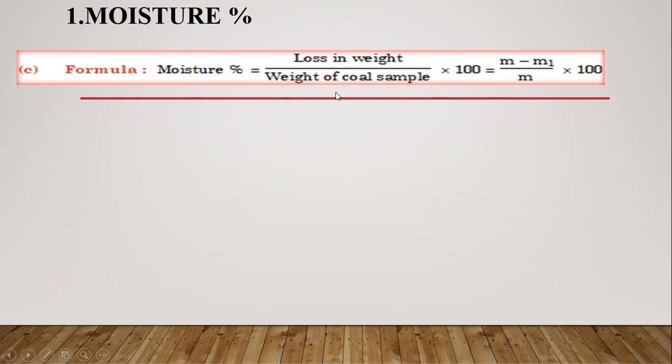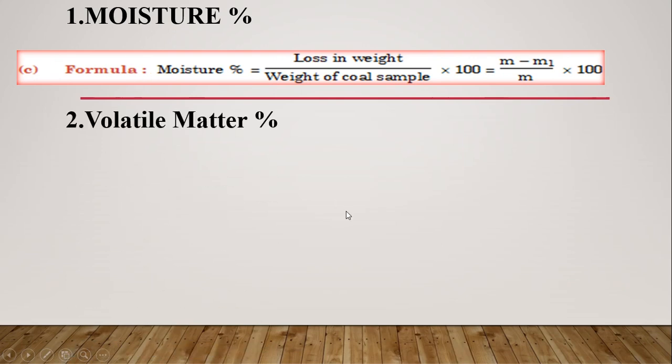First we take a coal sample and weigh it. Then we heat that coal sample to around 110 degrees Celsius, so whatever moisture is there will be removed. Then the loss in weight upon the weight of coal sample into 100 is the percentage of moisture.